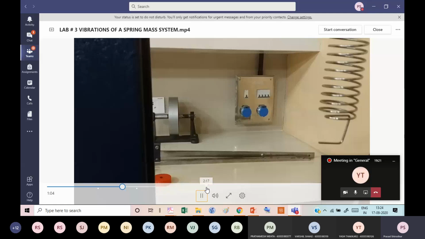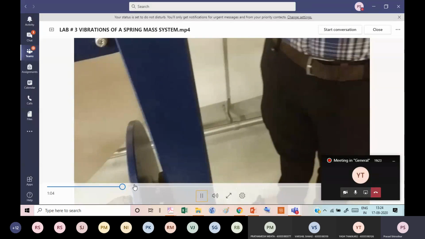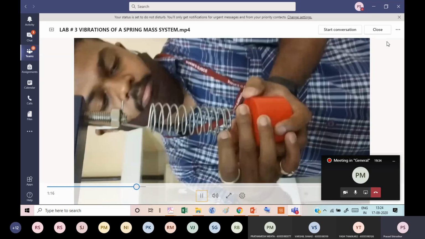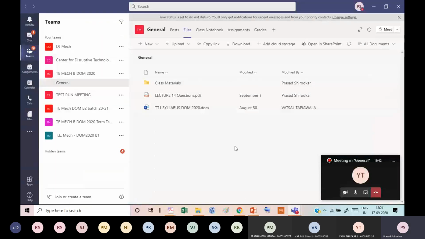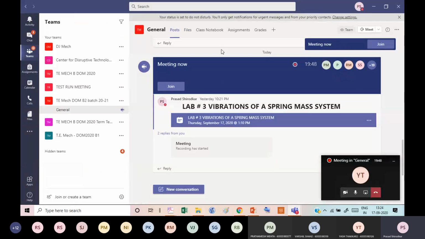So this is the spring mass system on which you will be doing the experiment. All right. So that part we'll do later. So first thing I want all of you to do is go to this lab assignment.